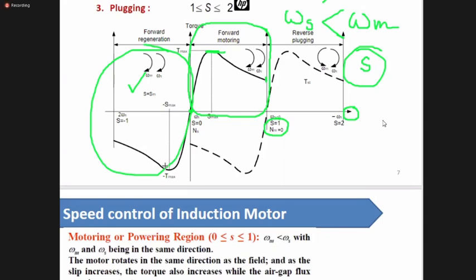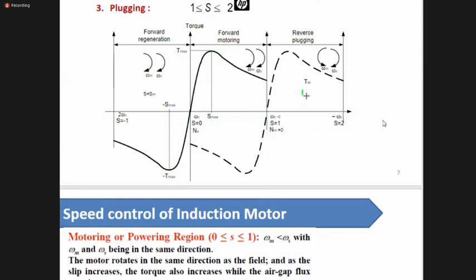And the last region to discuss is reverse plugging. So what is this reverse plugging? The last region is about this one. You can see that the slip starts from 1 and goes up to 2. So what is that range? In this case, omega_m and omega_s don't rotate in the same direction. The direction of rotation is completely opposite.